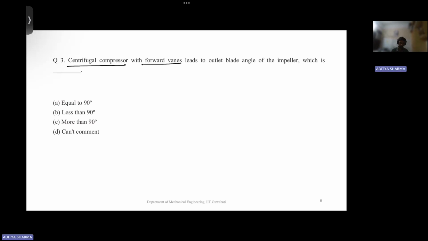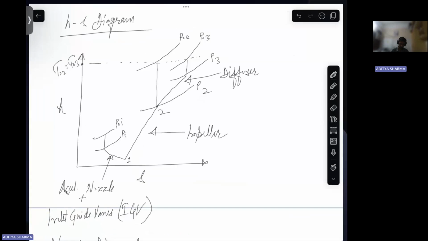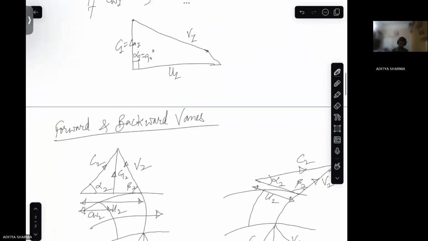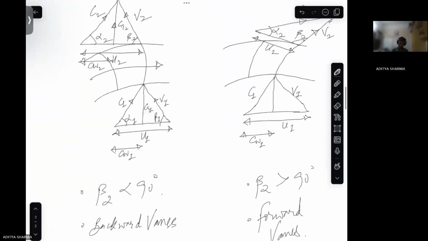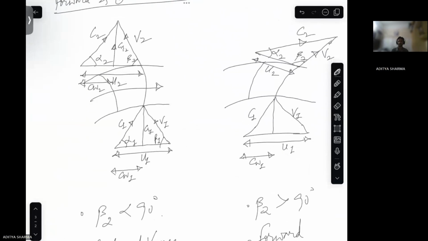It says that a centrifugal compressor with forward vanes leads to an outlet blade angle of the impeller, which is, so what happens to the blade angle at the exit of the impeller, which is beta 2. So forward vanes, you see, these are your forward vanes, the right side one. So here beta 2 is greater than 90 degrees.